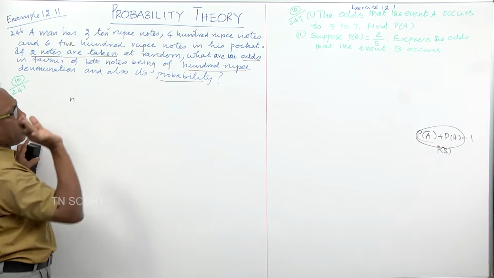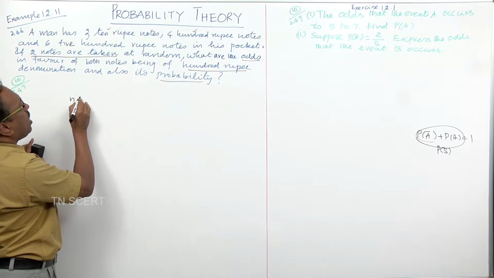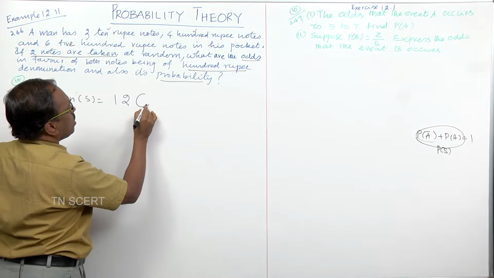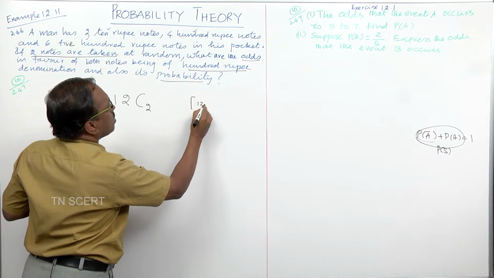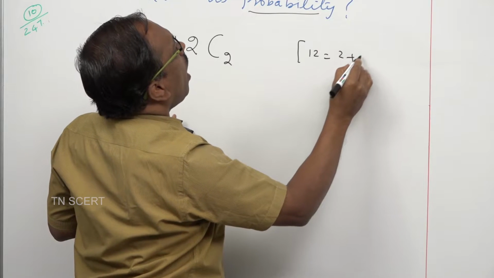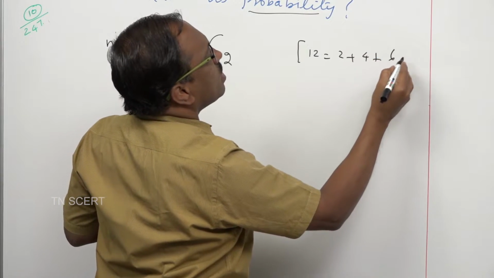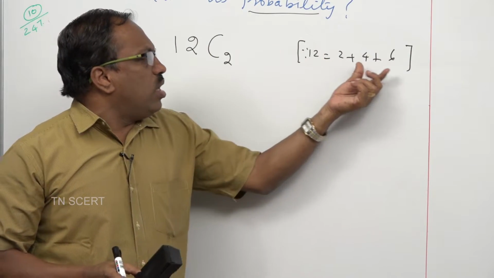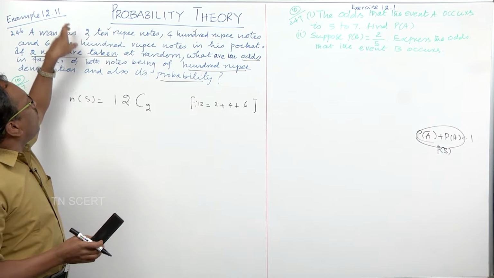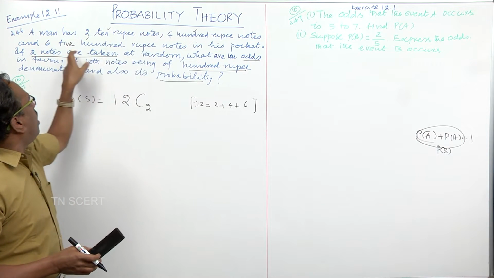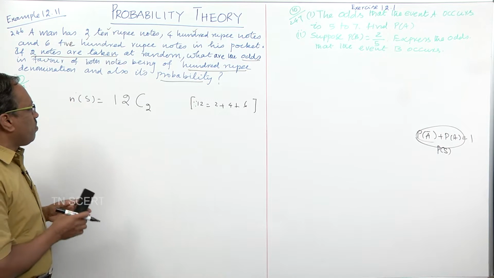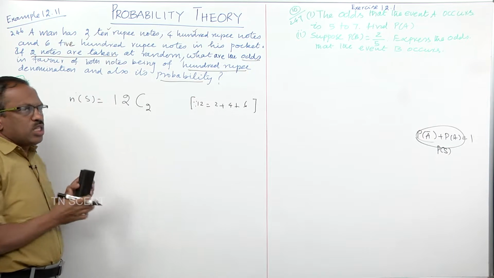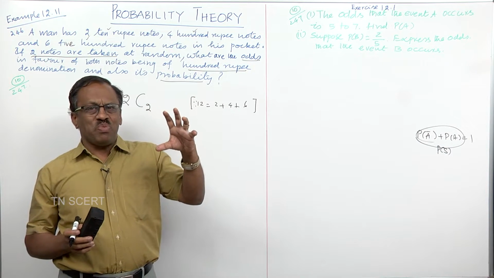Totally how many notes? 12. So n of S is 12C2. Out of 12, each denomination is given: 2 10-rupee, 4 100-rupee and 6 500-rupee. Odds play a vital role here.